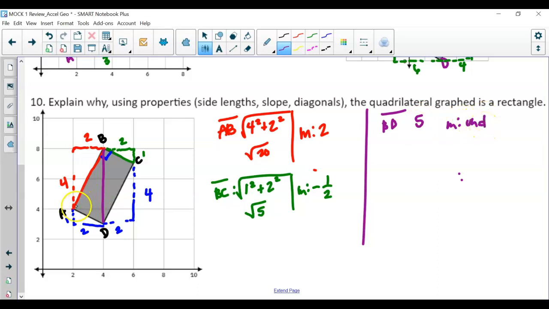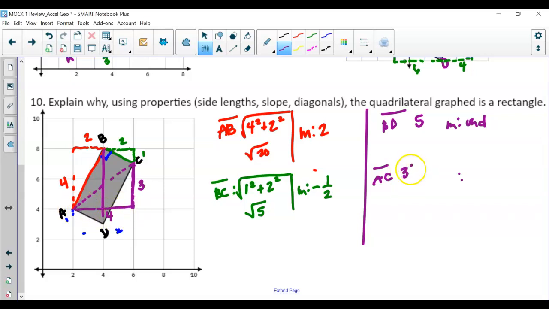Then let's go to the other diagonal here, AC. Now here, we do need to get a rise and run. So I'm going to go ahead and erase my rise and run. So my rise here is 2, 3. My run is 2, 4.